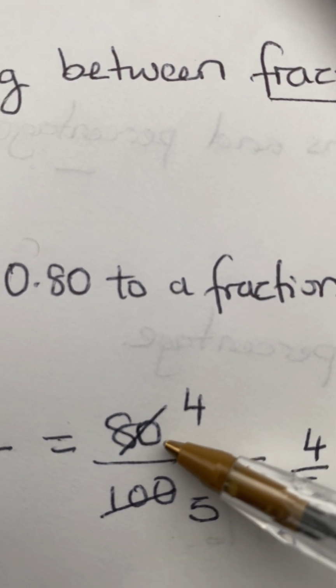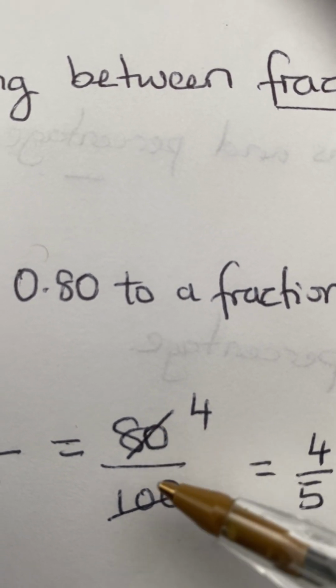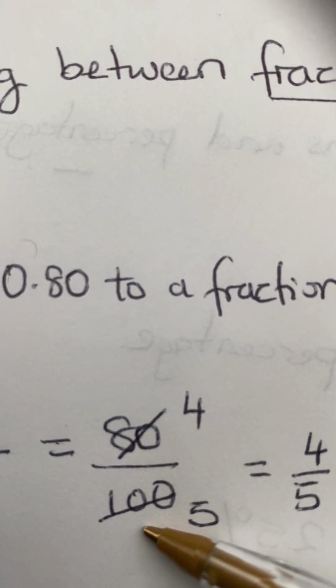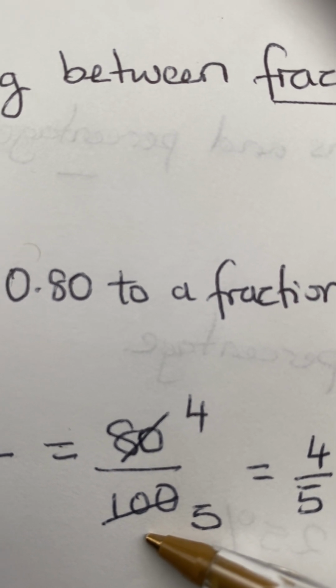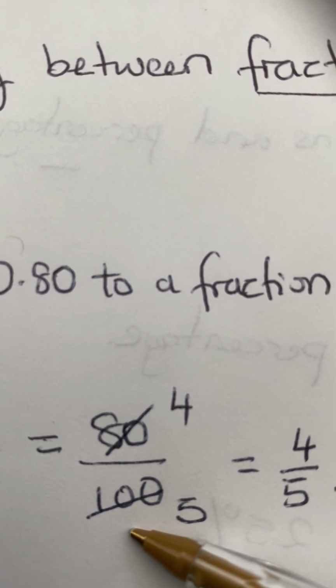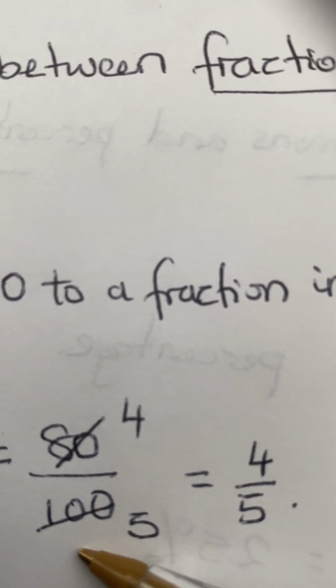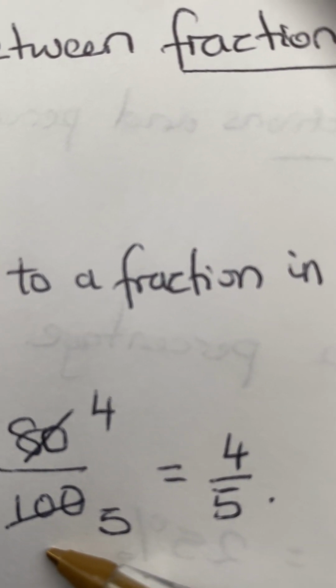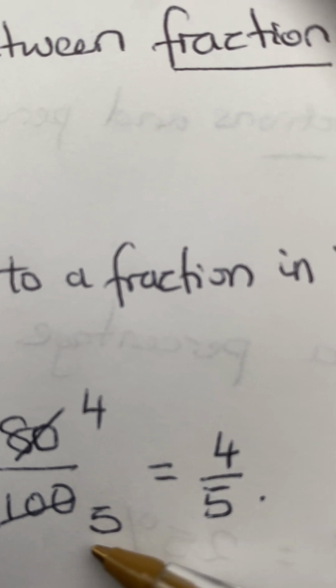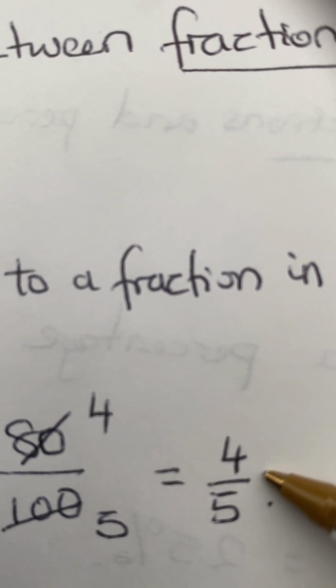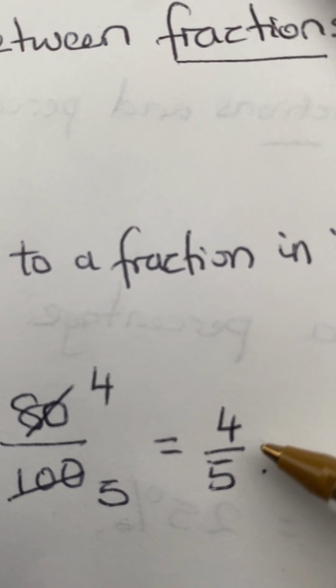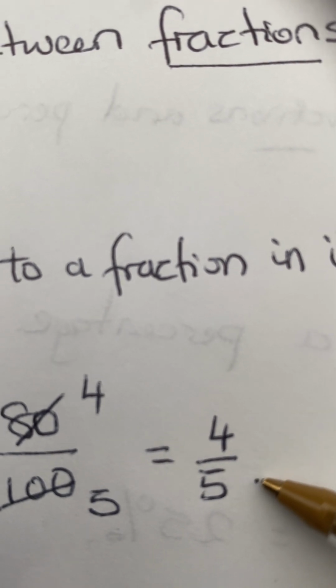If I leave my answer as 80 over 100, yes, it is a fraction, but it's not in the simplest form. So if it's 2 marks, I might end up losing a mark for not going a step further. We want to take as many marks as we can.